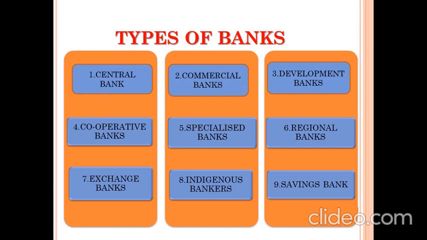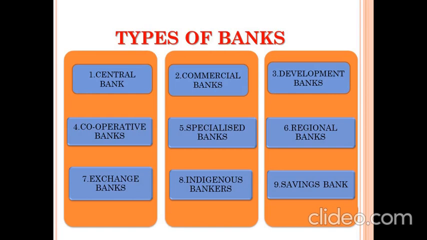Next is commercial bank. Commercial banks are established with the object to help the businessmen, the development of trade and commerce in the industry, and to develop the businessmen in today's world. In 1969, I would like to mention this, many commercial banks were converted into nationalized banks.